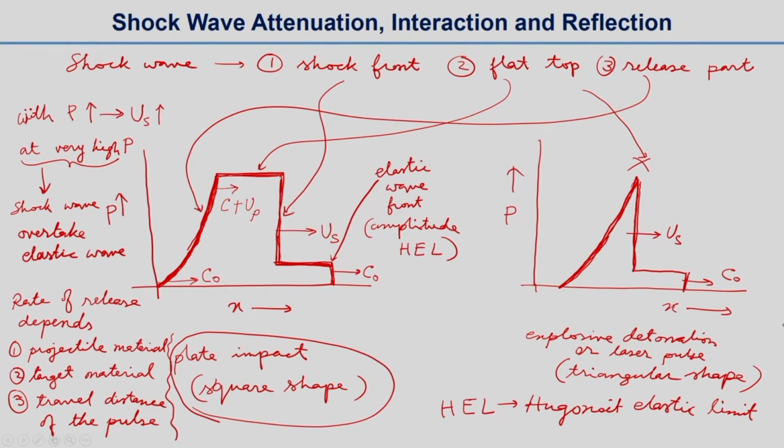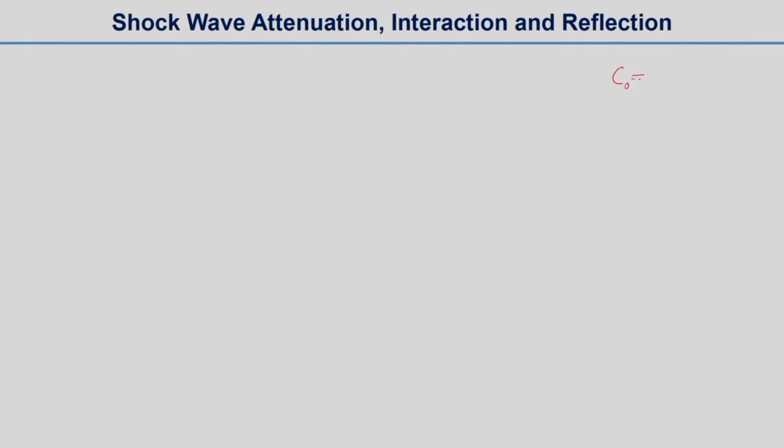As we found earlier, c naught is the square root of lambda plus twice mu by rho, that is the elastic wave velocity for an unbounded medium, and c is the sound wave velocity at a particular pressure P.